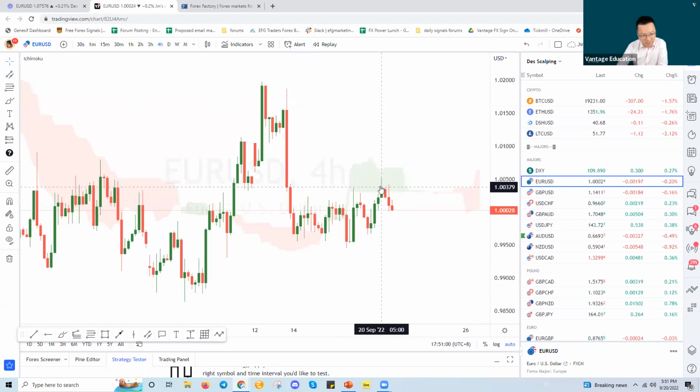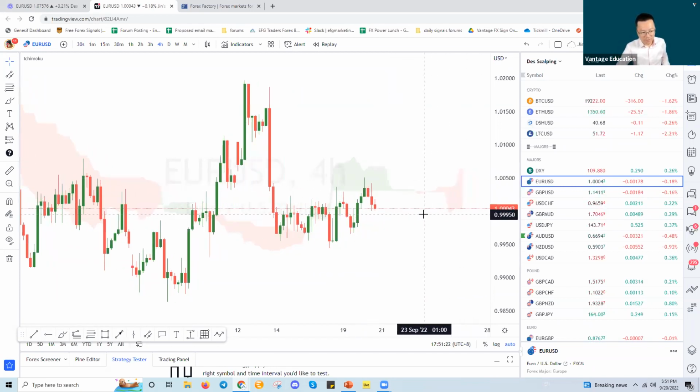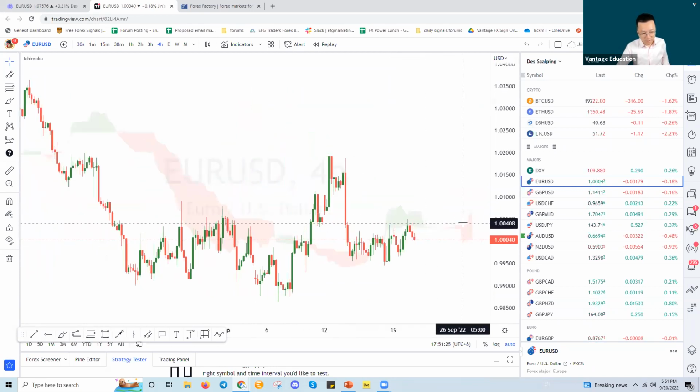Price came up, hit that cloud, rejected that area, almost nice pin bar towards the downside, and we're looking for that push. All right, as price gets rejected or resisted by that green cloud, we're going to see a possible push towards the downside, and also that formation there. Right, price is moving. You can see that formation towards the downside.